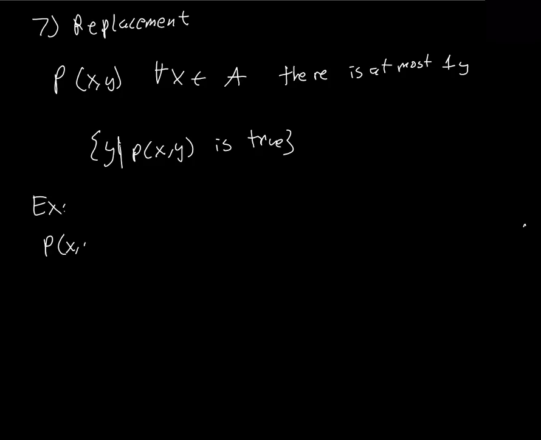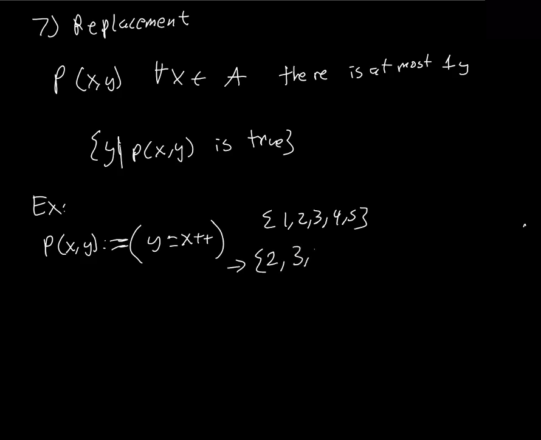Let P(x, y) be the property such that y is a successor of x. So I'll define this to be y is equal to x++. And I'll let our set be {1, 2, 3, 4, 5}. Then our replacement will exactly take our property and output our y's. So it'll output 1 becomes 2, 2 becomes 3, 3 becomes 4, 4 becomes 5, 5 becomes 6.